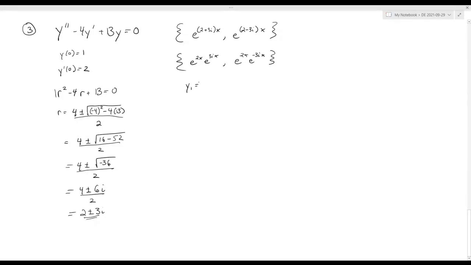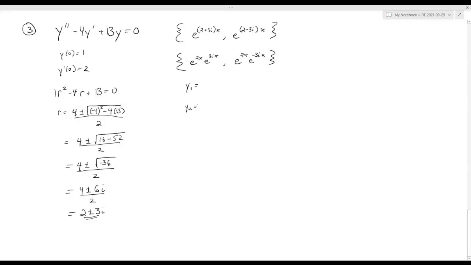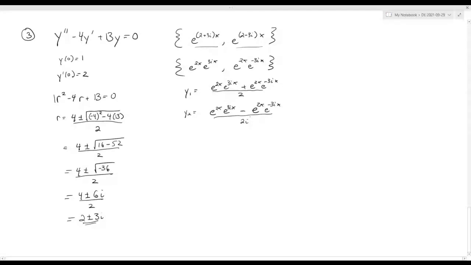So we're going to call y1 of a new fundamental solution set the sum of these two, divided by 2. And for y2 we're going to subtract the two solutions and divide by 2i.